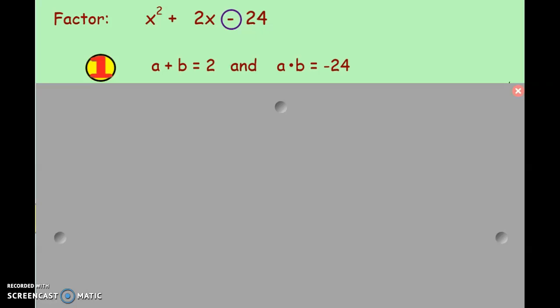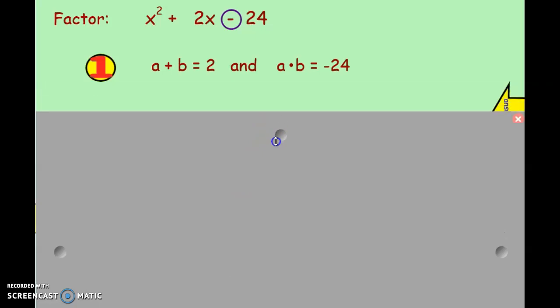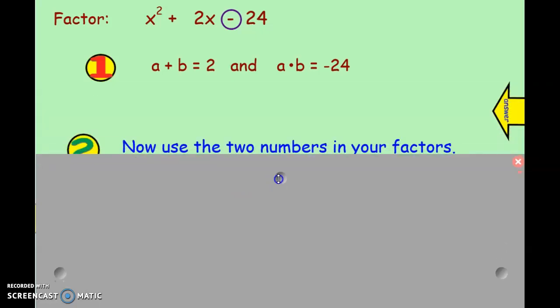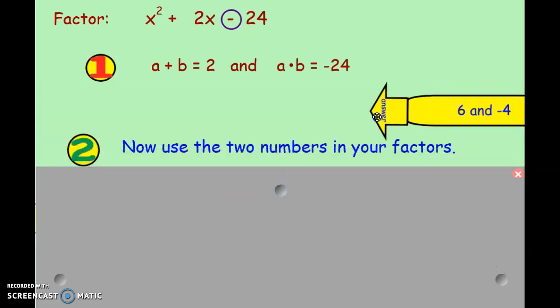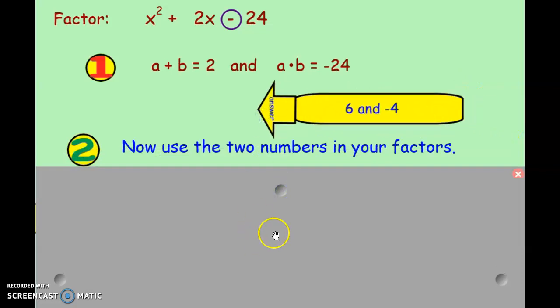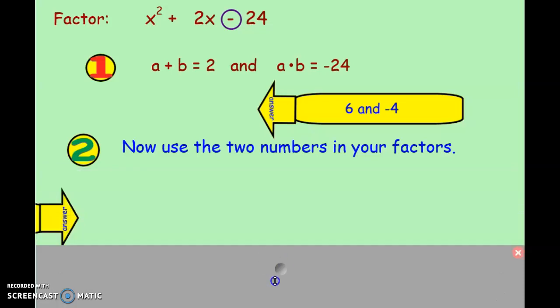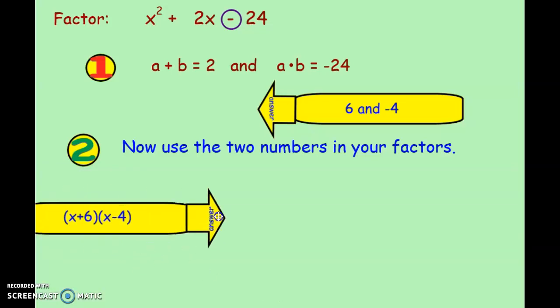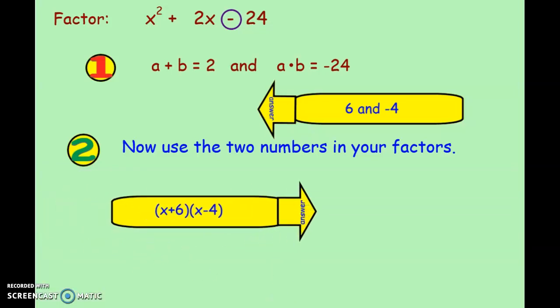What two numbers will multiply to a negative 24, but when added will be a positive 2? Numbers should be 6 and negative 4. Now use the two numbers in your factors. And you have x plus 6 and x minus 4.